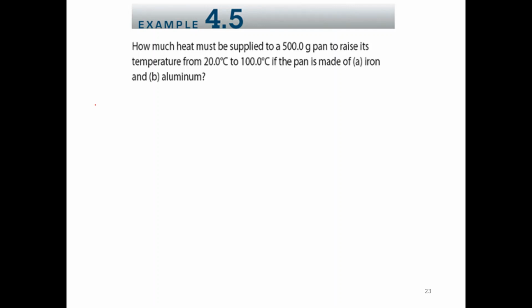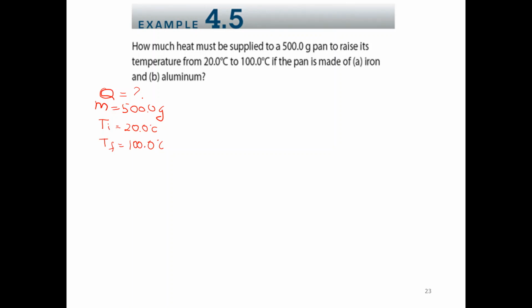What we know is the mass of the pan equals 500 grams, the initial temperature equals 20.0 degrees Celsius, and the final temperature is 100.0 degrees Celsius. We want to calculate the Q value, how much heat, if the pan is made of iron, and also what happens if the pan is made of aluminum.